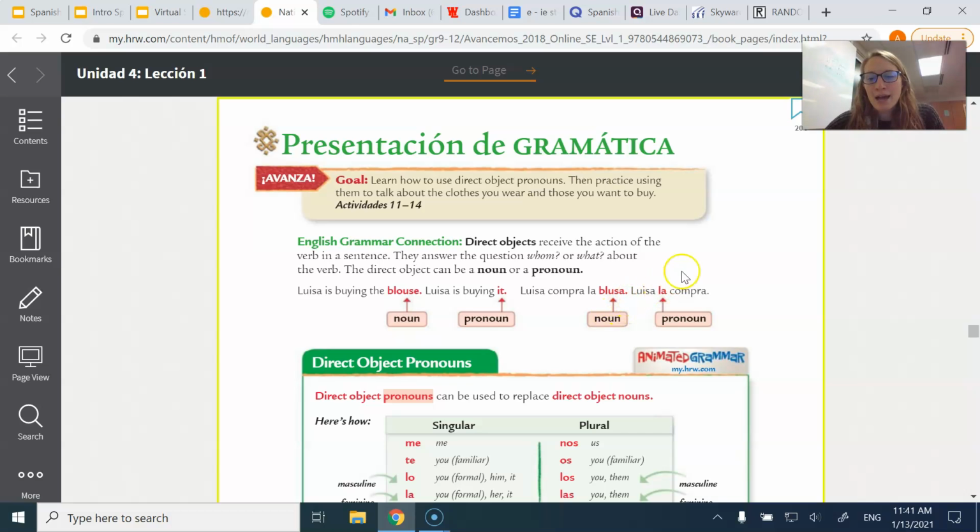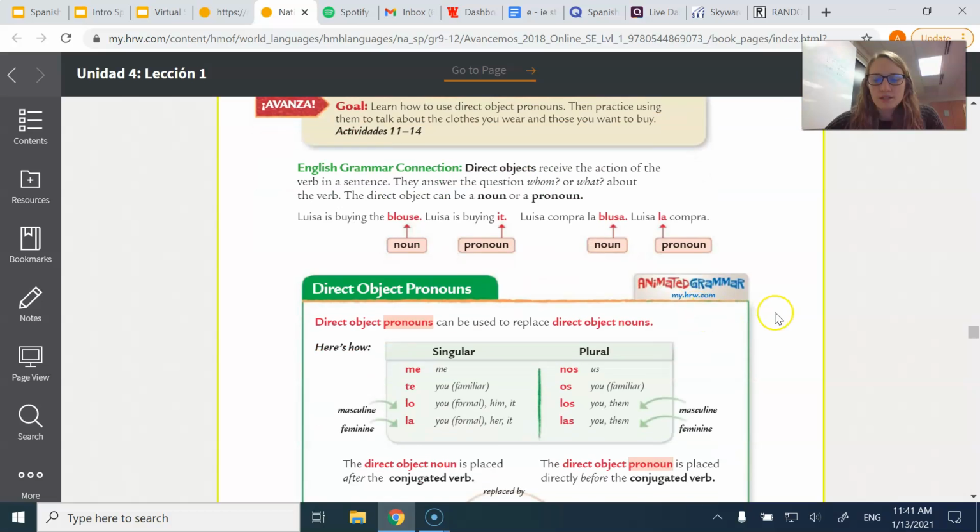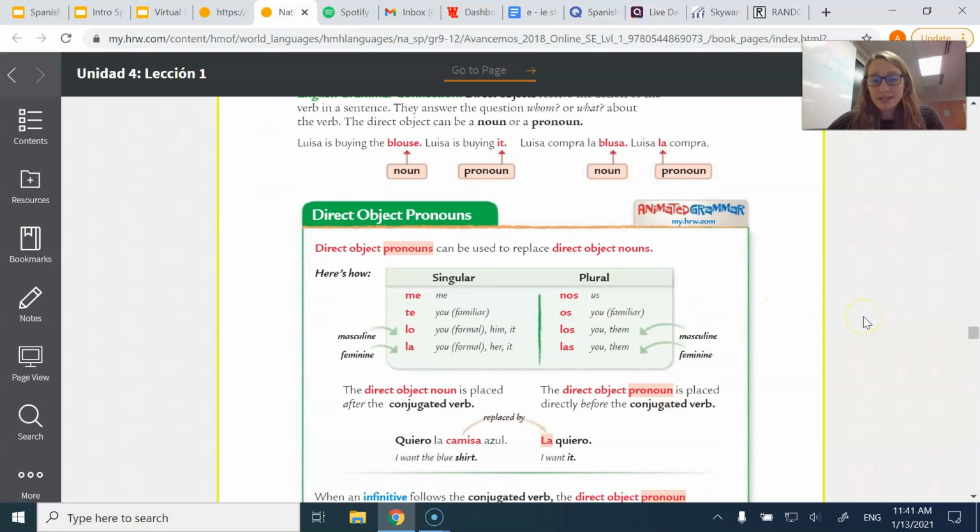Luisa la compra. That is going to be our pronoun. Remember, the pronoun is taking the place of the noun. So, in Spanish, direct object pronouns can be used to replace direct object nouns. So you see how this is a direct object noun, and this is a direct object pronoun?